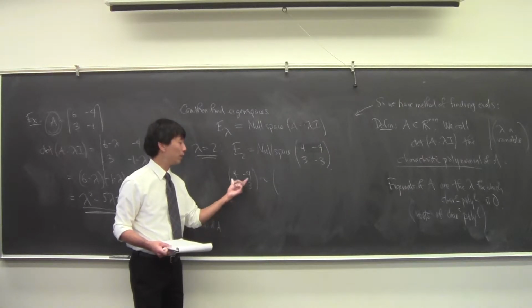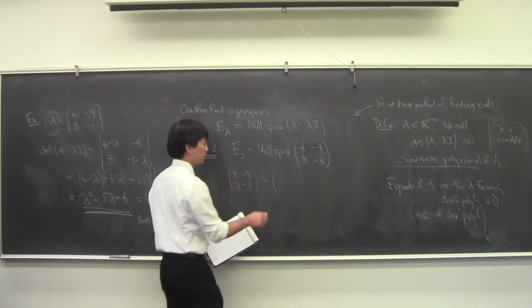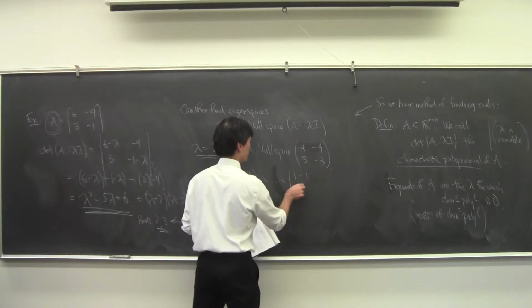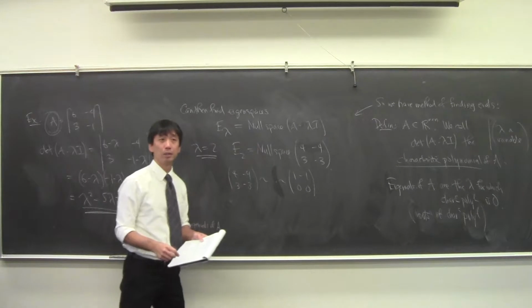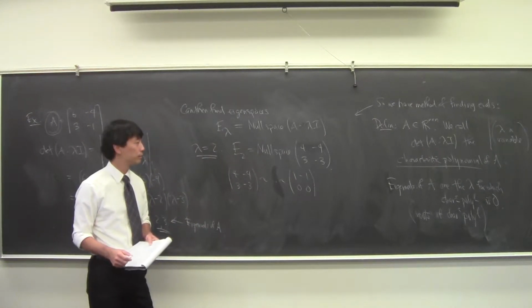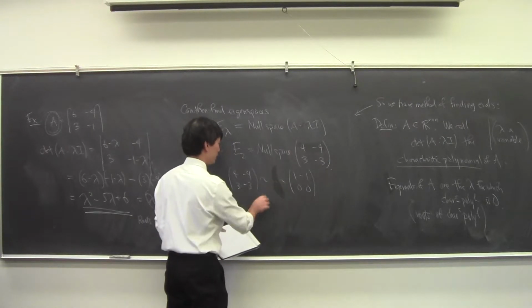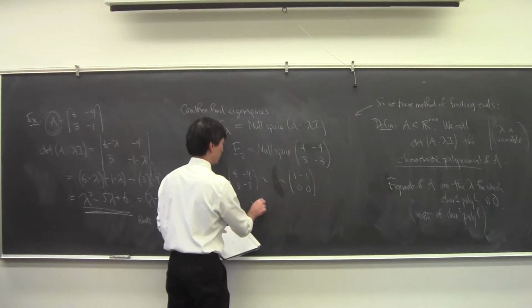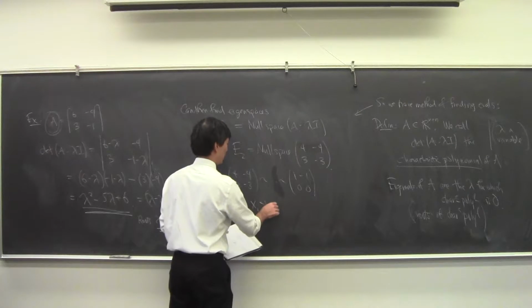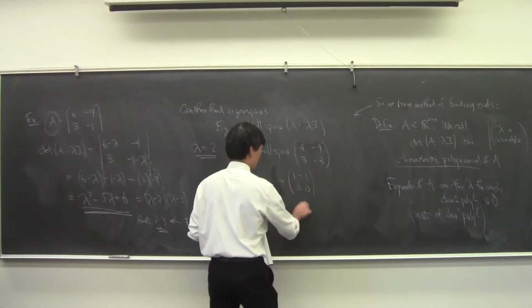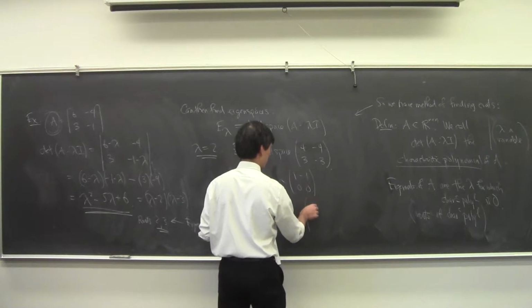Because it's dependent on the first row. So you reduce it, you get 1, negative 1, 0, 0. So that gives you the equation x1 minus x2 equals 0. So your null space looks like x1 equals x2, right?